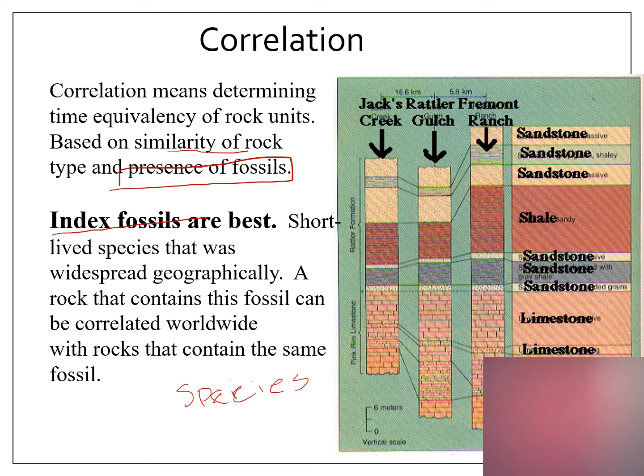So anytime you find a rock, no matter where it is in the world, with those particular species in it, we can correlate those rocks from place to place, and we know that they are of the same time period.